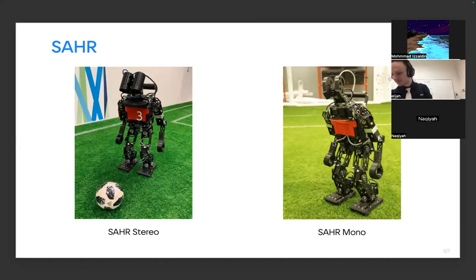With these carbon robots, these black ones, we are participating in the Humanoid League, which is for robots that resemble humans. It means their center of mass is supposed to be not too low, and they have to have their proportions right.